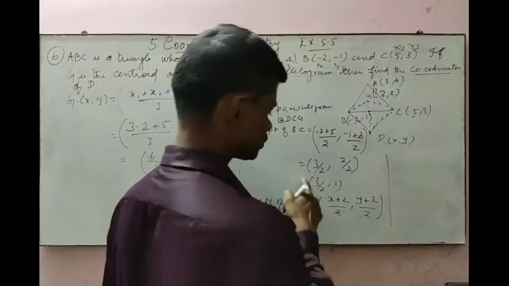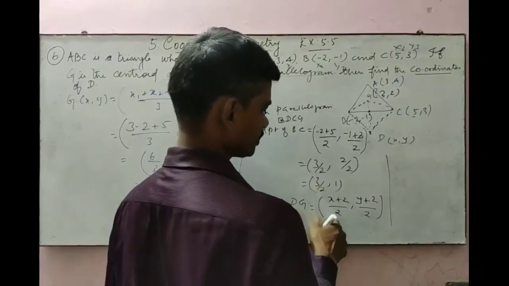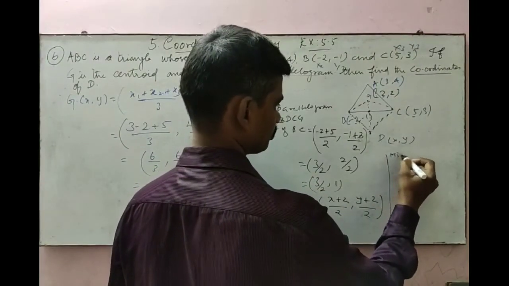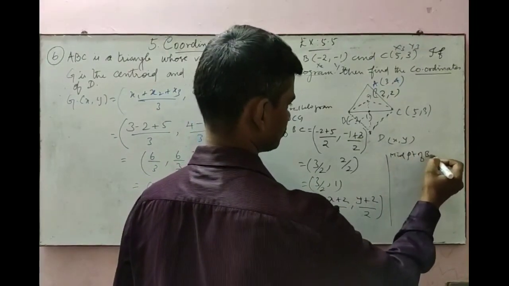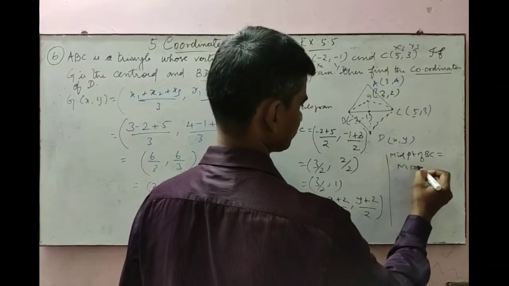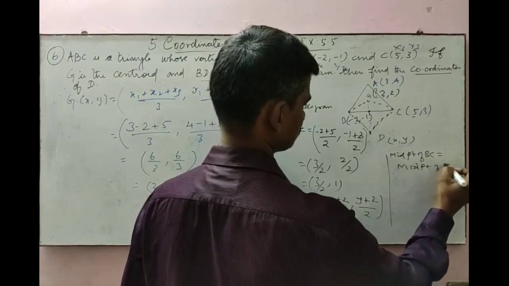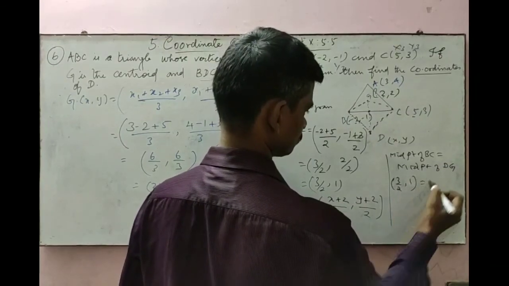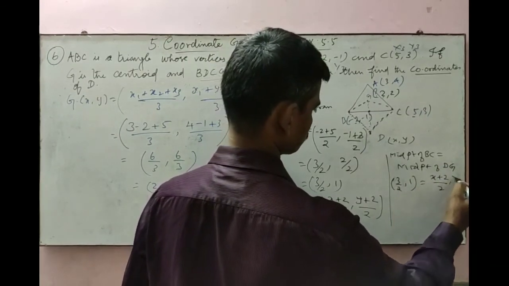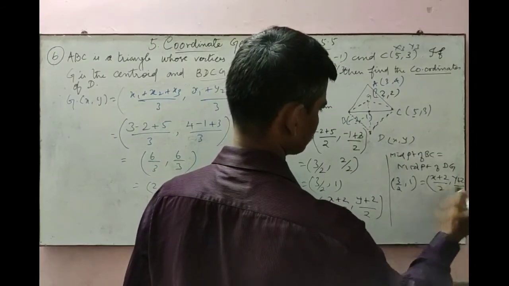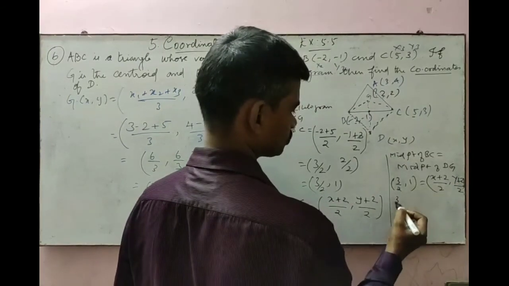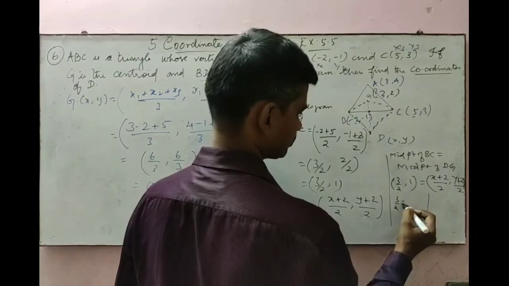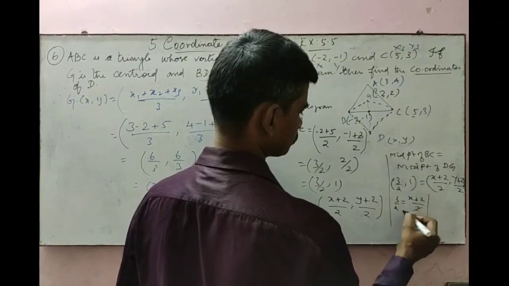So on equating these two, we get midpoint of BC equal to midpoint of DG. Here 3 by 2 comma 1 equal to x plus 2 by 2, and y plus 2 by 2. On equating these two, you will get 3 by 2 equal to x plus 2 by 2. 2 gets cancelled.